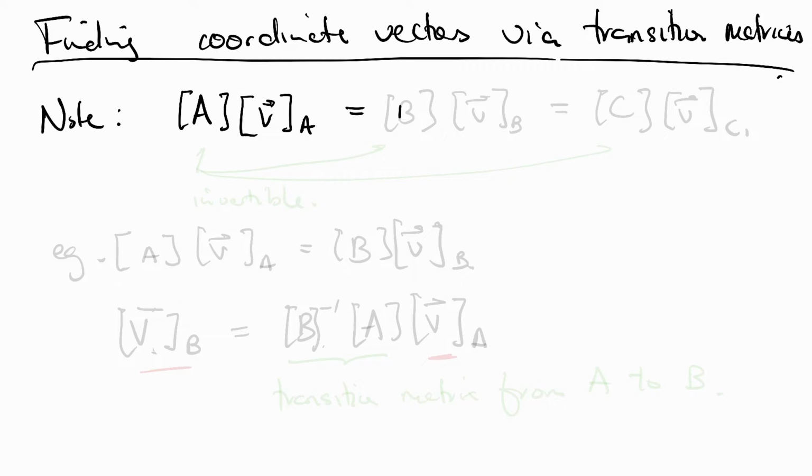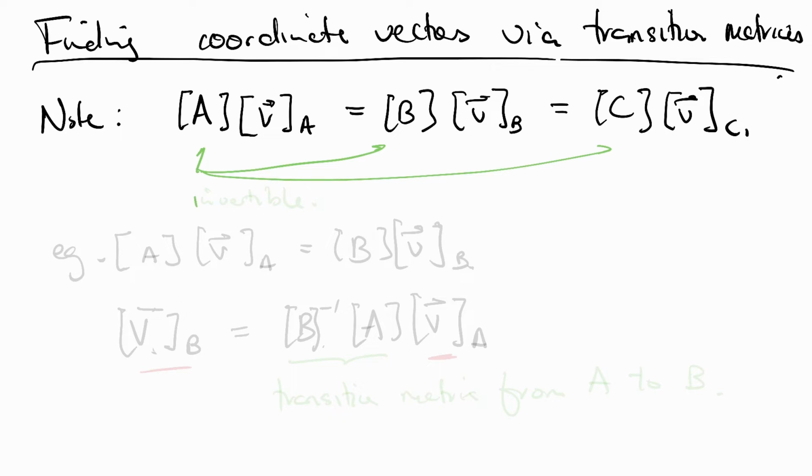And it's also going to be equal to B times the coordinate vector with respect to B, which is also equal to C, this matrix, times the coordinate vector with respect to C. Because A, B, and C are made out of linearly independent vectors, the matrices that they create are going to be invertible. And that's the key idea.